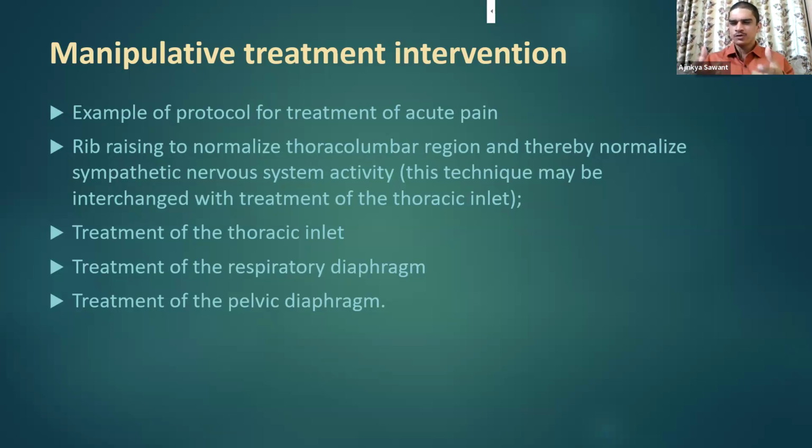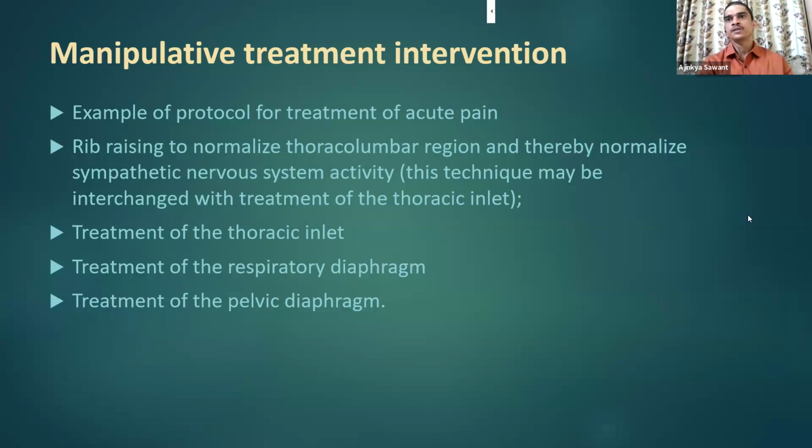That is the thoracic outlet or inlet, you can say. All the major structures, spinal cord, your trachea, everything goes down that thoracic inlet. And there is the respiratory diaphragm, which is the abdominal diaphragm, which separates your thoracic cavity and abdominal cavity and peritoneum. And third is your pelvic diaphragm, which separates your abdomen and lower structures.